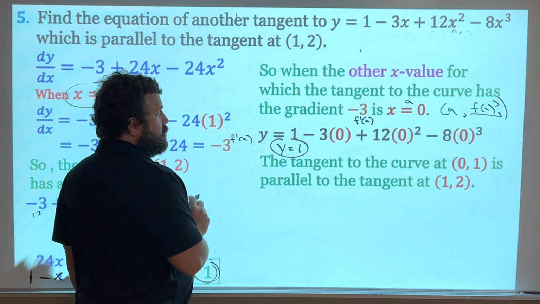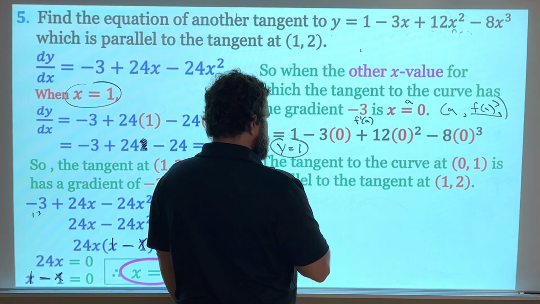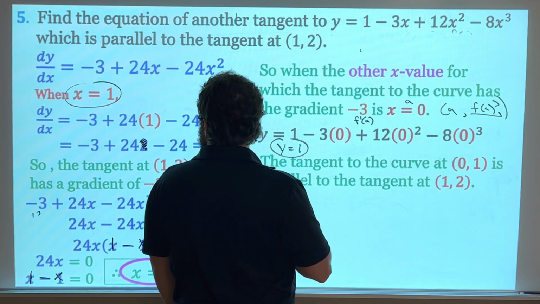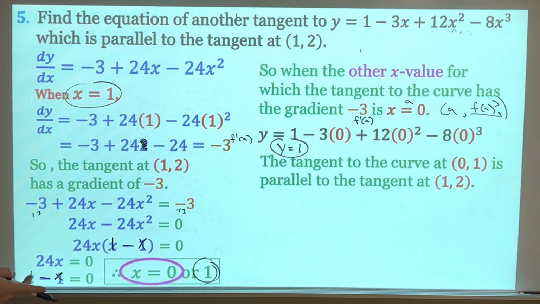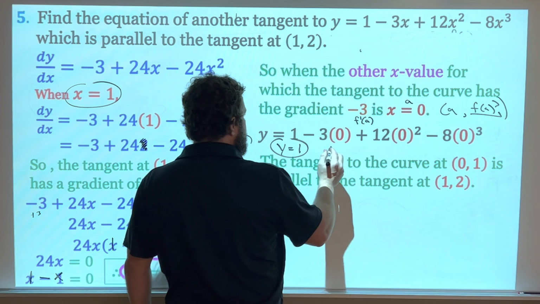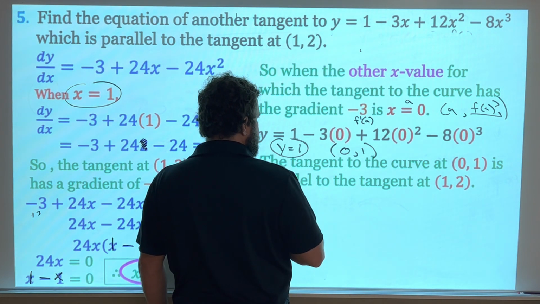All right? So the point, y equals 1. We have 1. So the tangent to the curve at 0, 1 is parallel to the tangent at 1, 2. Okay? Because since y is 1, the equation here would be 0.